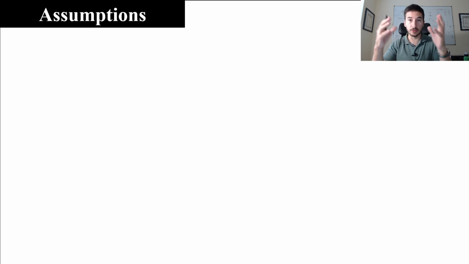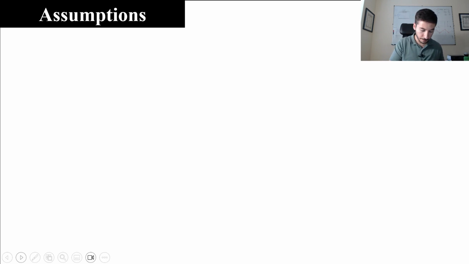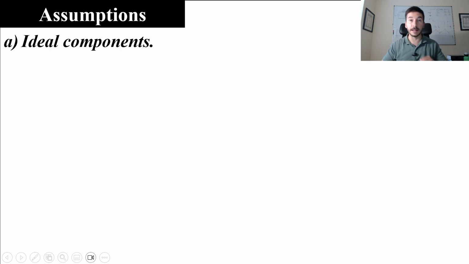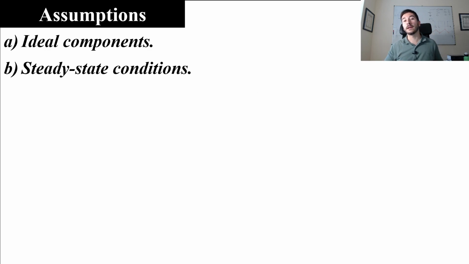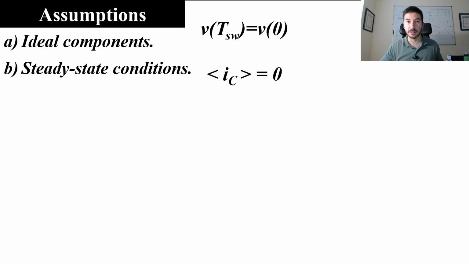First of all, we have to consider some points that are very similar to those that we already considered in the previous video. First, we will consider ideal components, so power losses in our circuit are zero. Second, we consider that our buck converter has achieved steady state conditions, so waveforms are periodic, average current through the capacitors is zero, and average voltage across inductors is zero.